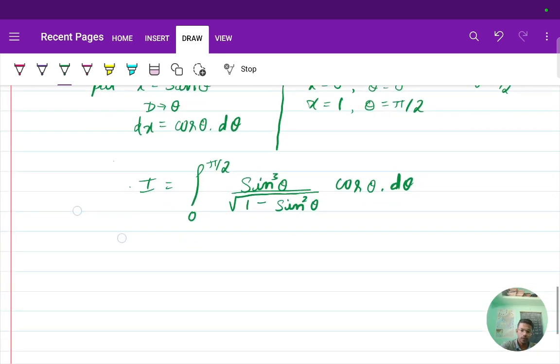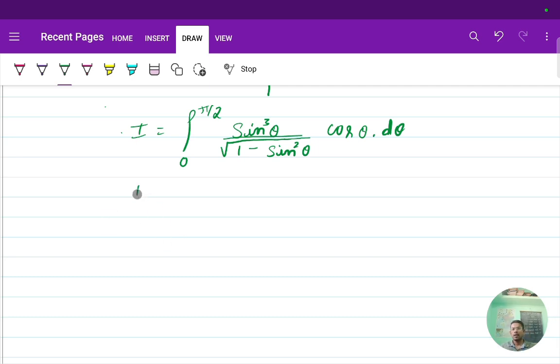Now I is equal to the integration from 0 to pi by 2 of sine cube theta divided by root of, what is 1 minus sine square theta? It is cos square theta, into cos theta d theta.